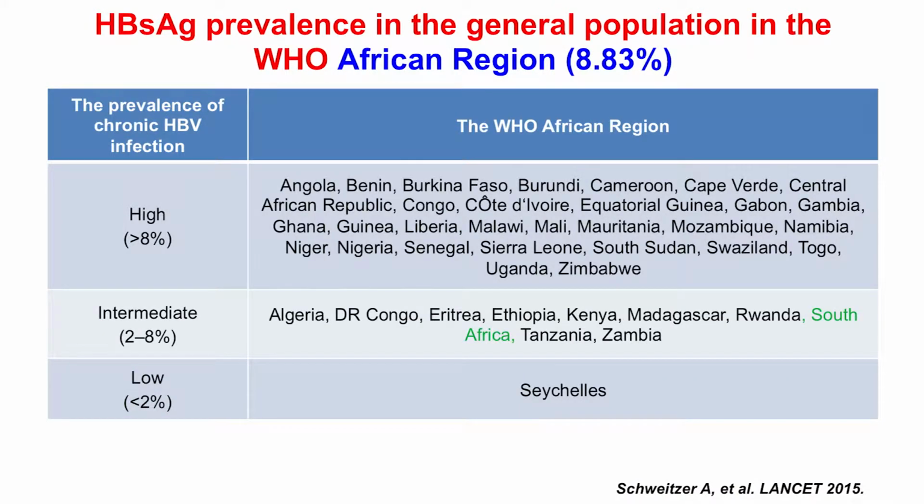Africa, as I mentioned earlier, has the highest prevalence, with nearly 9% of the population positive for surface antigen. Most of the countries have higher prevalence, and a few countries have less than 2% or between 2 to 8% of the population. Like South America, these are intermediate regions, where we know that most areas of this part of the world are resource-constrained countries.